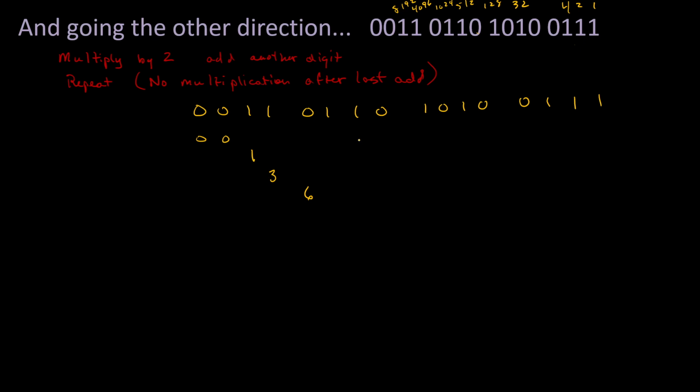And this might be easier to write in a different way. So now, multiply by 2, add the next digit, I get a 13. Multiply by 2, add the next digit, I get a 27. Multiply by 2, I get a 54.